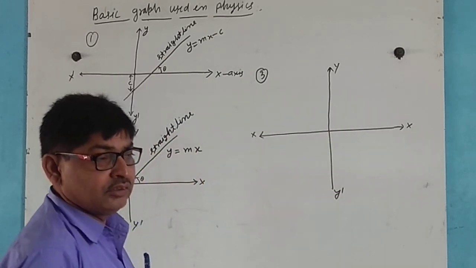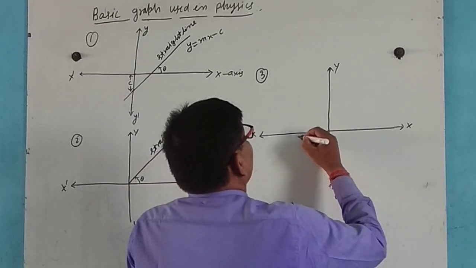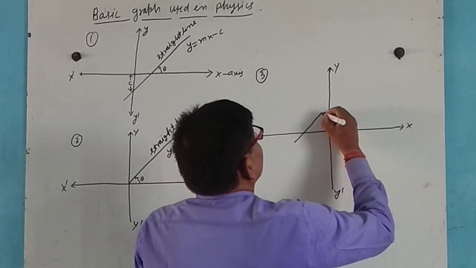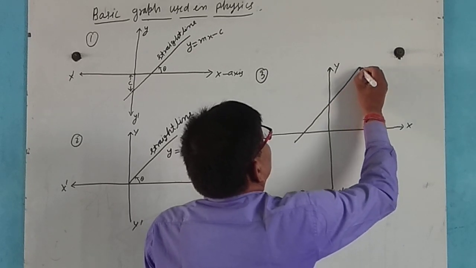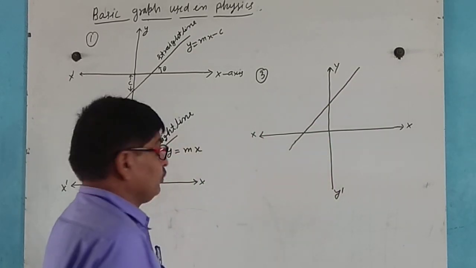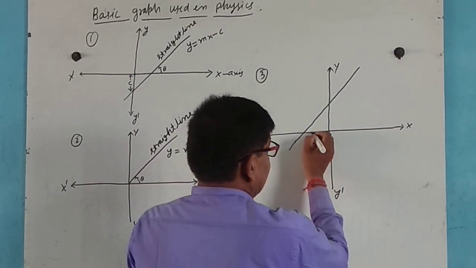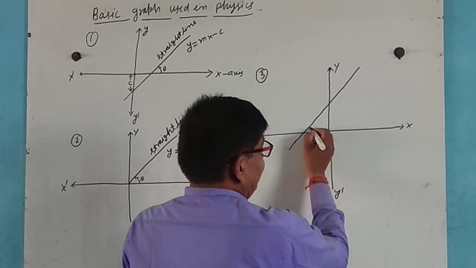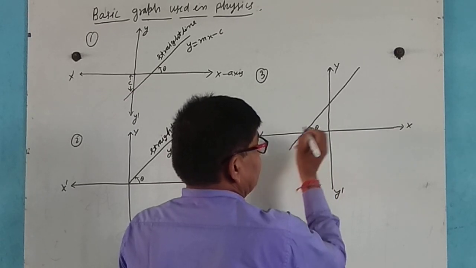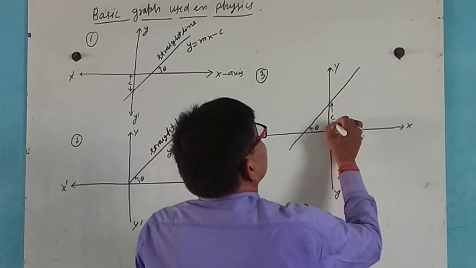This is the origin, and if our line passes through this and this, then this is in the positive direction, that is theta, and this is equal to c.